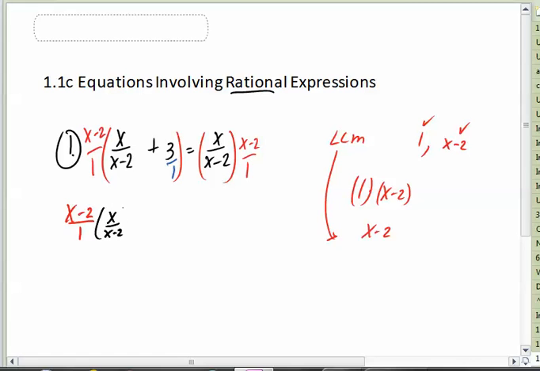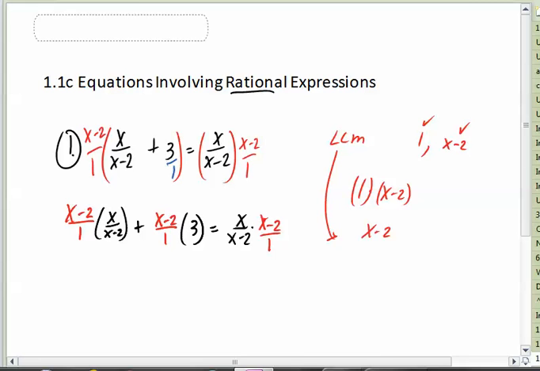That means I'm going to multiply it by this one. Try to change up my colors here appropriately. And then that's going to multiply by the second term in the parentheses, which is the 3. And then, of course, I have this one, which is going to be multiplied by x minus 2 over 1 as well.